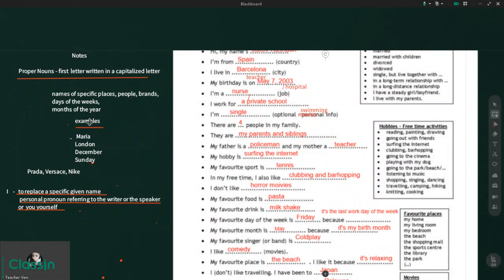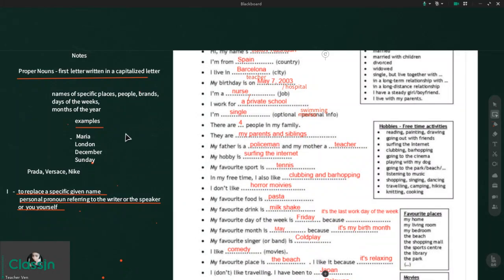And for the examples of your proper nouns, it's listed here. So any name of specific places, people, brands, days of the week, months of the year, you have to write it with a capital letter, and the rest are small letters. Okay, so for example, Maria for a name, London for a place, December for a month of the year, and Sunday for the days of the week.